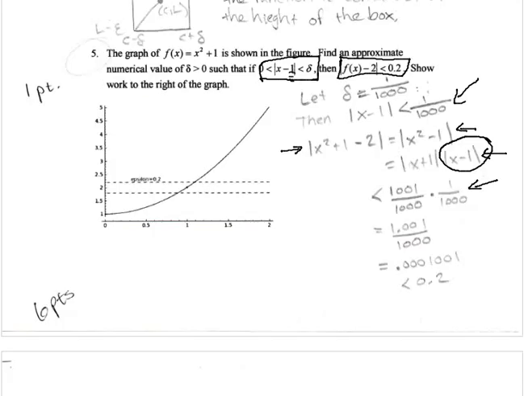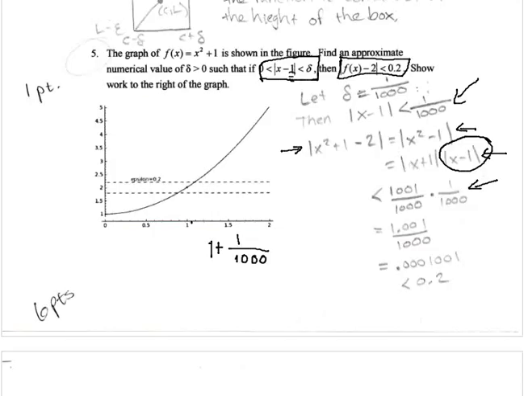Now that means x can be no greater than 1 plus 1 over 1,000.